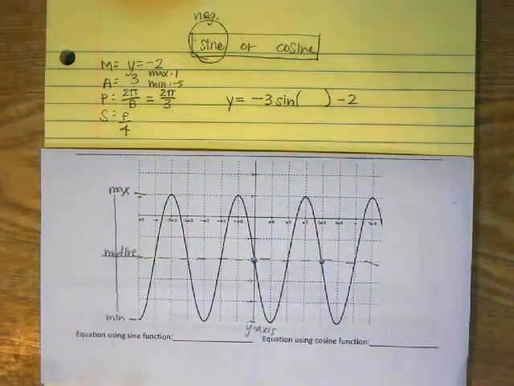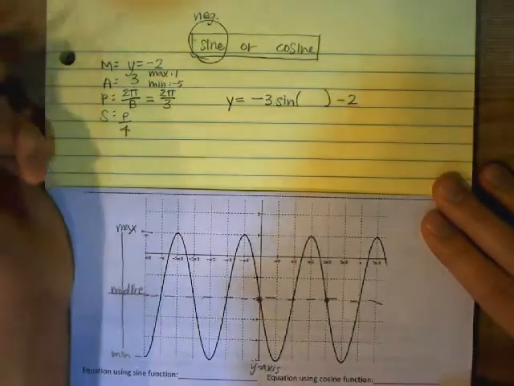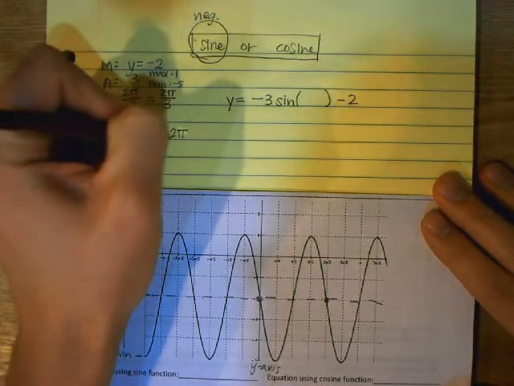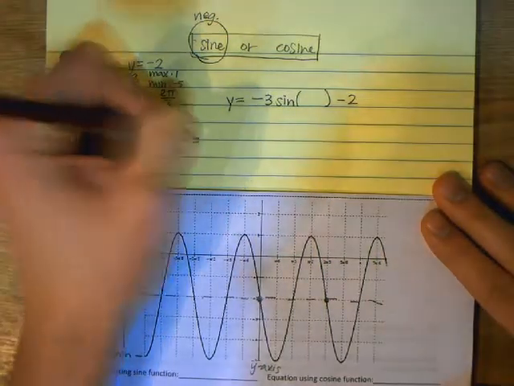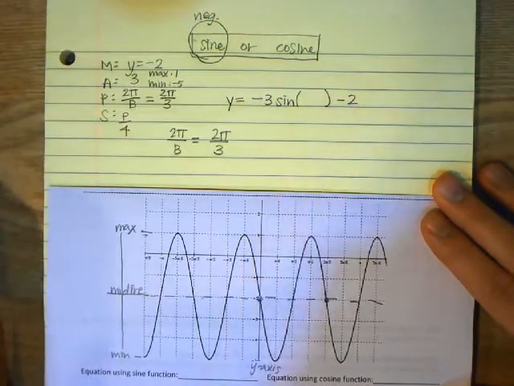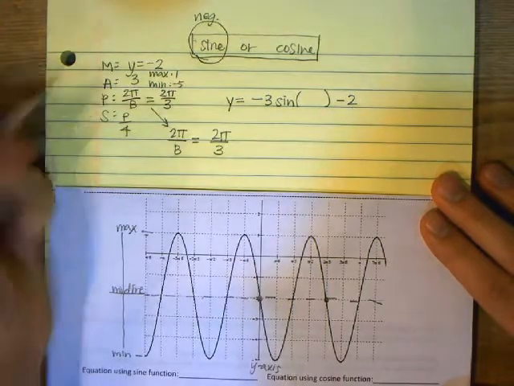That doesn't really tell me what to put in my equation just yet, but I know that 2 pi over b has to be equal to 2 pi over 3, so I can figure out what my b value is. I've just rewritten this here.